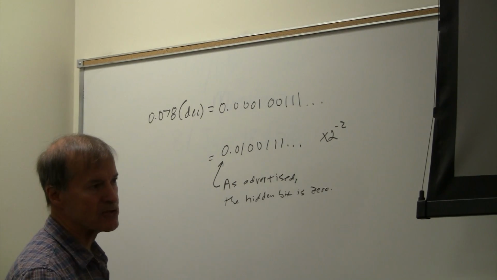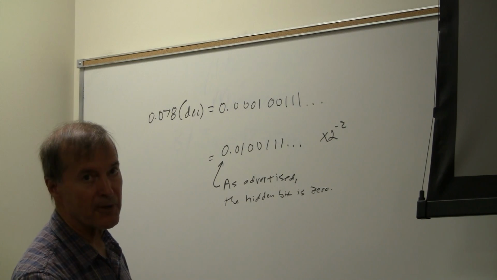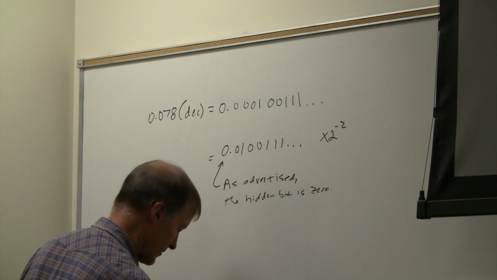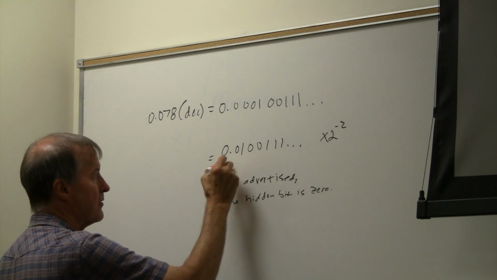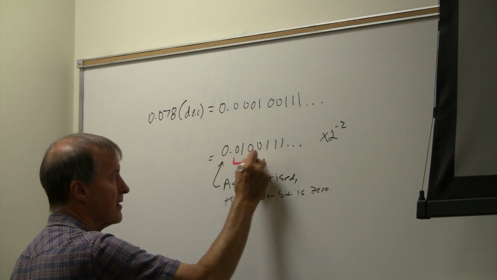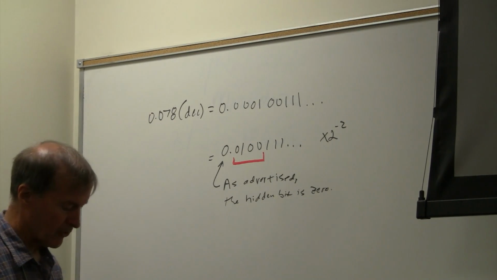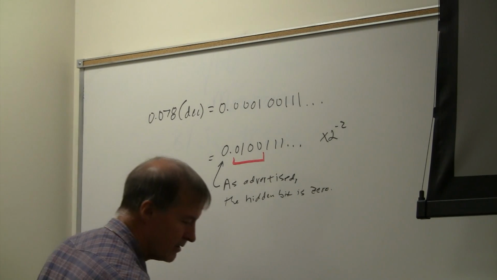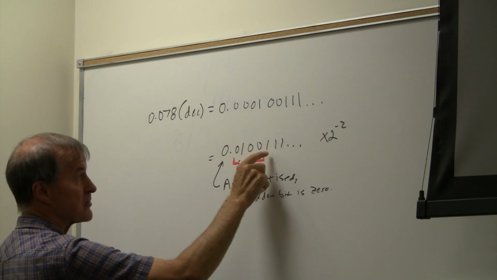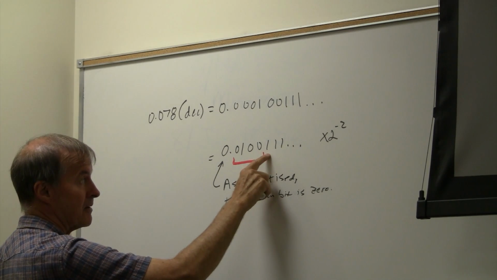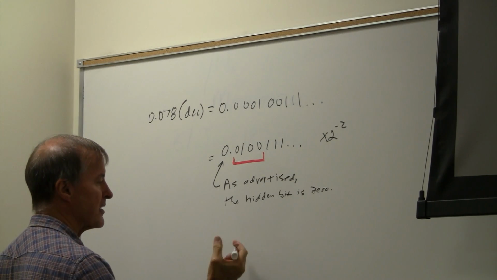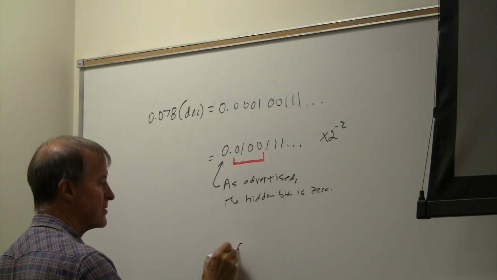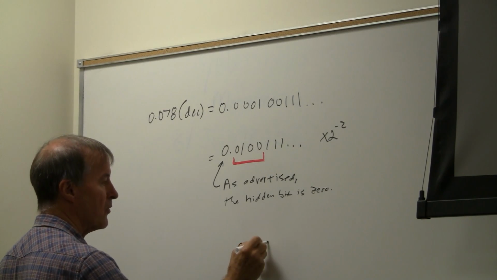How many bits do we have to store for the significand? 4, right? So which 4 bits do we store? We store these 4. But, of course, it's 0, 1, 0, 0, but then it's 1, 1, 1, 1. So we do what? Round off, right? So these 4 bits are 0, 1, 0, 1.